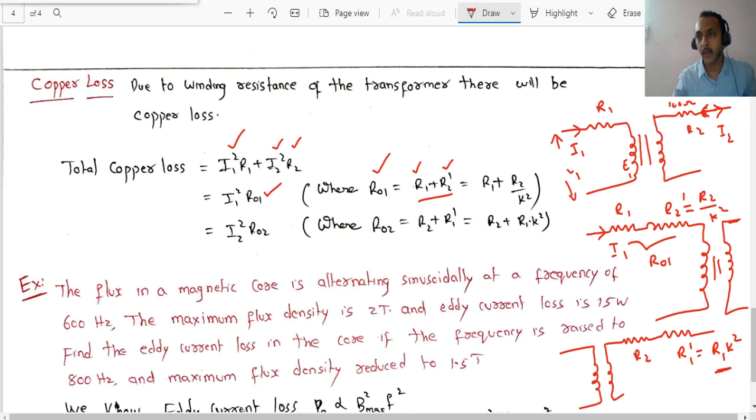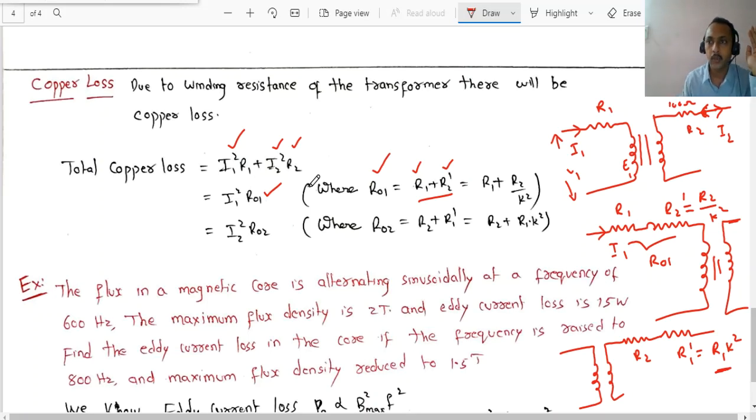In the equivalent circuit representation, if you have completed that topic before watching this video, there we have discussed all these derivations and this representation, how to transfer from primary to secondary and secondary to primary. Clear?